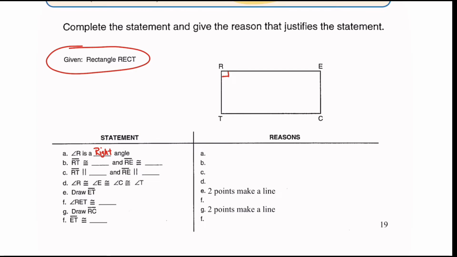Now RT is going to be said to be congruent to something else, and that something else is its opposite side, so EC, as well as RE is congruent to its opposite side, TC. Opposite sides are congruent.